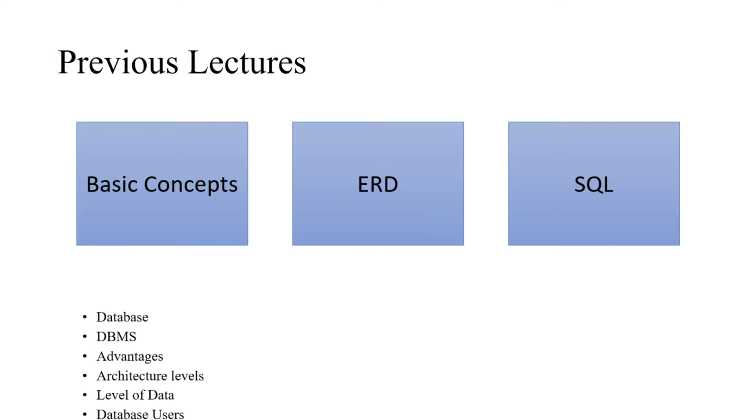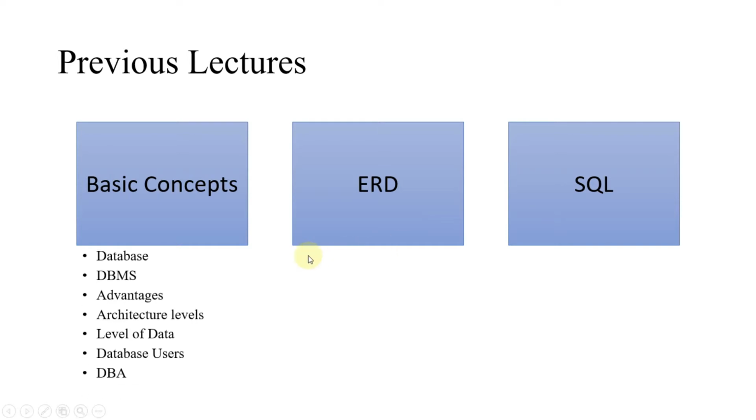In the basic concepts there were many topics: what is a database, what is a DBMS, advantages of DBMS, advantages of database, architectural levels of databases, levels of data, database users, and the DBA, the database administrator. There were some other topics too, like data independence and functions of database.